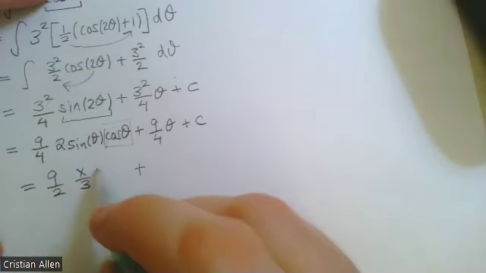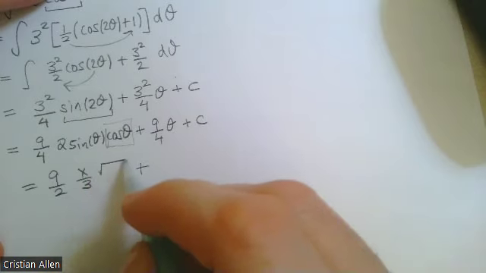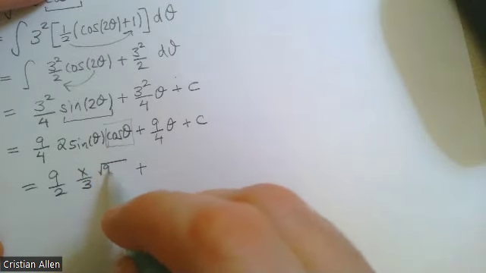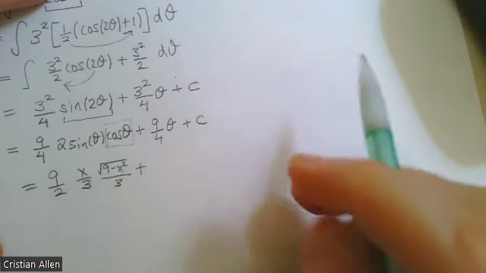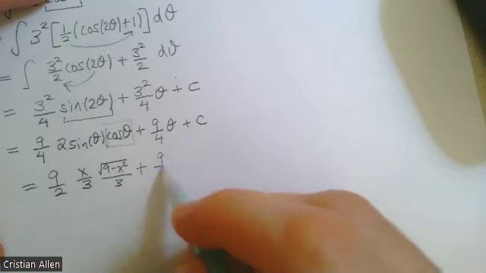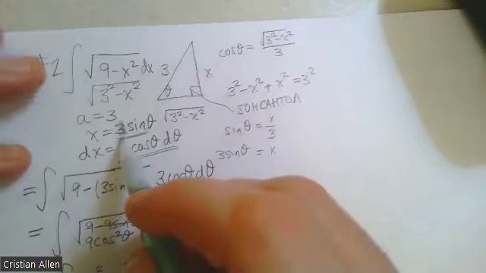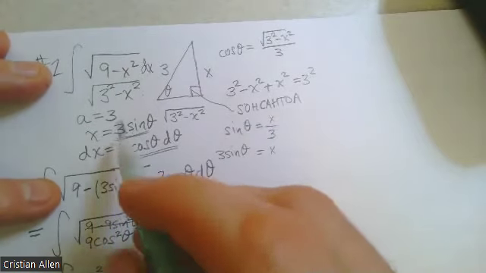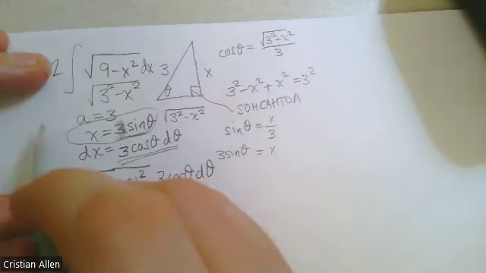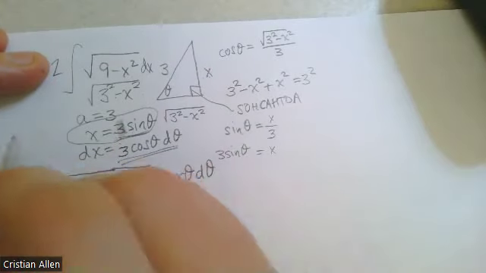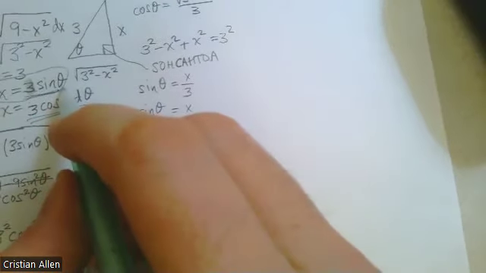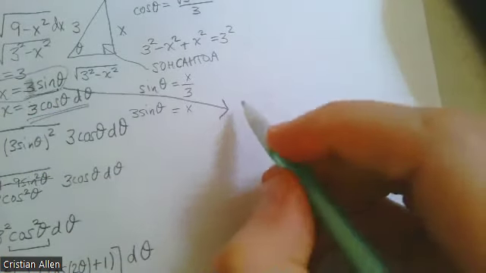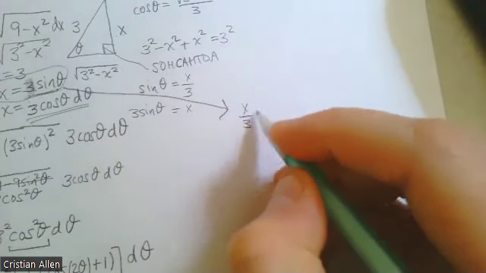Let's go ahead and come down here and substitute it right there. So that's 9 if you simplify it just like that. All right, 9 over 4 theta. Now we also want to substitute theta. So from that same equation, and you're going to get used to reusing these equations a whole bunch, let me pull it over here for you. Let's just make a lot of space here. x over 3 equals sine theta.